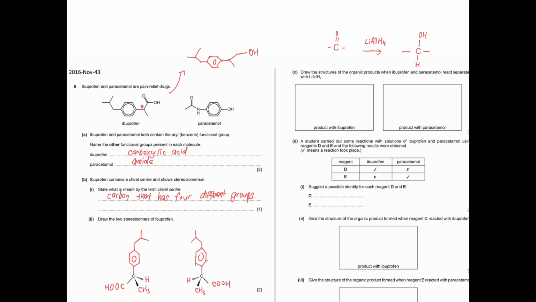Just bear in mind, carboxylic acid after reduction will become primary alcohol. So we have to take it in that way. So this theory is not supposed to be like this. Let me correct a bit first.